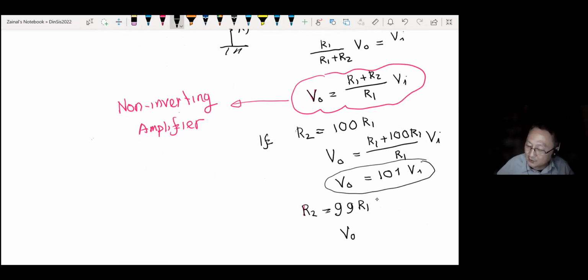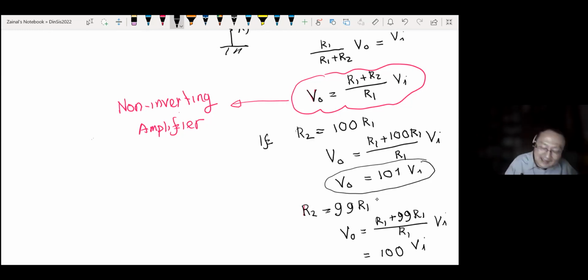Then VO is R1 plus 99 R1 divided by R1 multiplied by VI, which becomes 100 times VI.